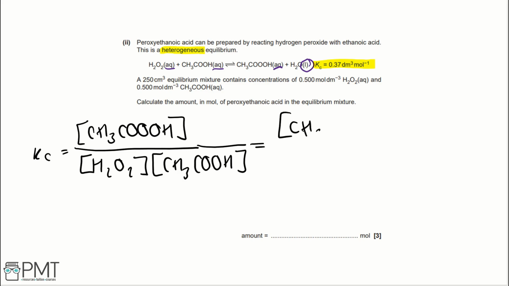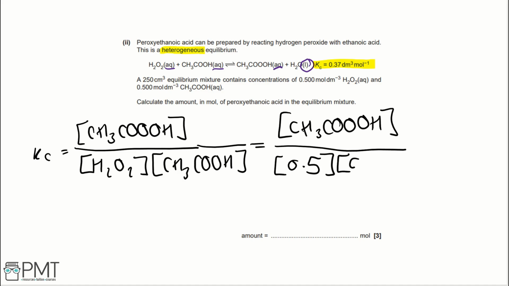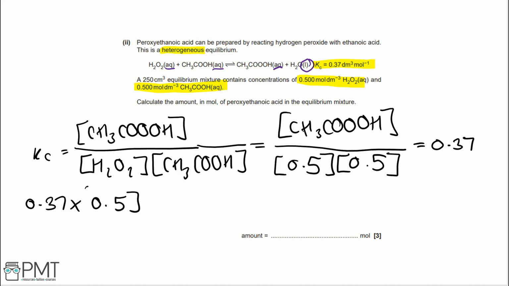So rewriting Kc, we have peroxyethanoic acid over 0.5 and 0.5 again, because they're the values we've been given as the concentration of hydrogen peroxide and ethanoic acid. We also know that this equals 0.37. So if we rearrange this to get the concentration of peroxyethanoic acid, we would write 0.37 multiplied by 0.5 squared, and that gives us 0.0925 moles per decimeter cubed.